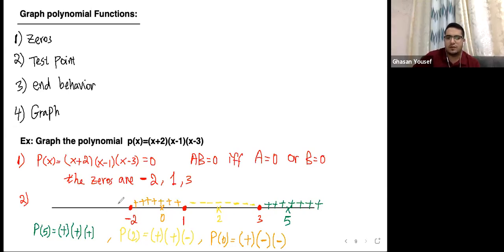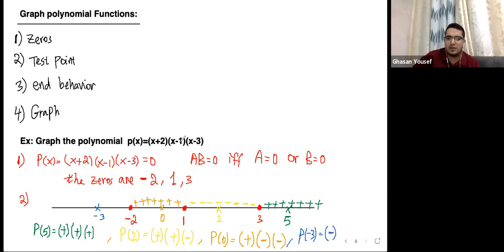Now for the last one. Pick any number less than minus 2. Which one would you like to choose? Minus 3, nice. So let's take the minus 3. Plug the minus 3 inside the polynomial. P of minus 3. Minus 3 plus 2 is minus 1, so it's negative.